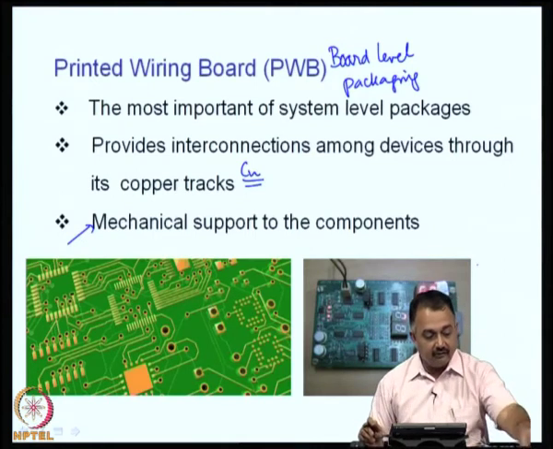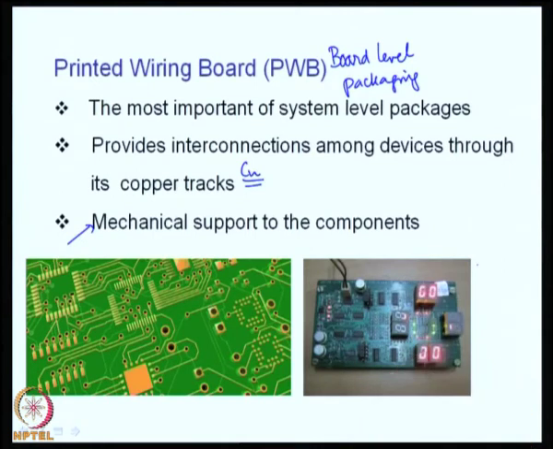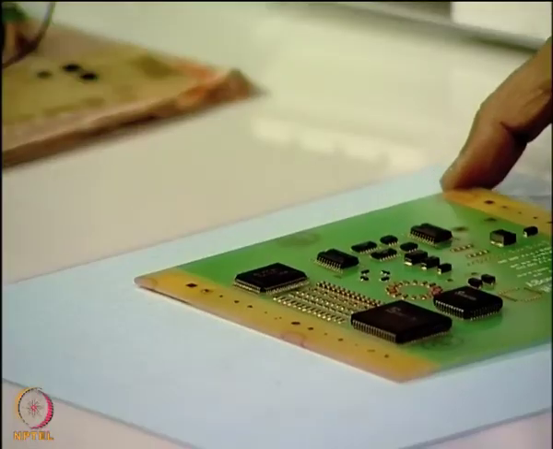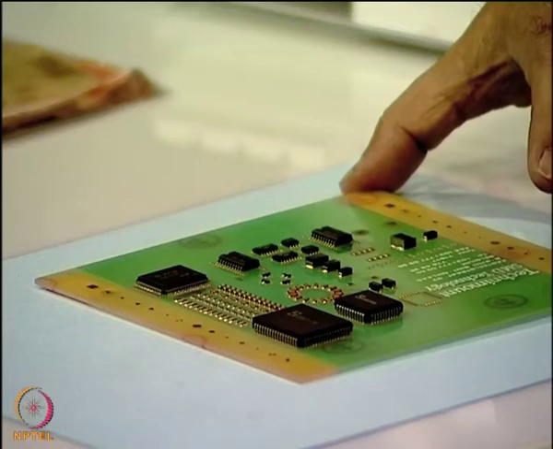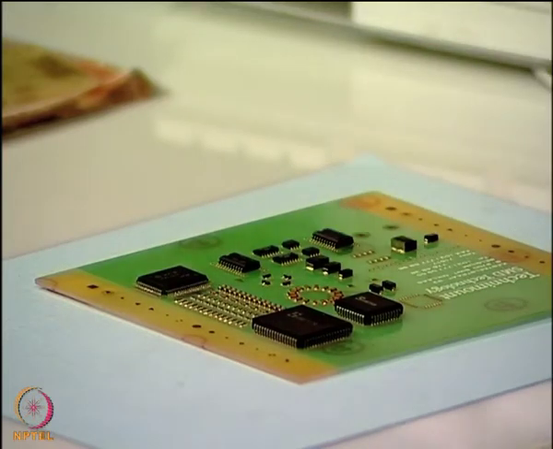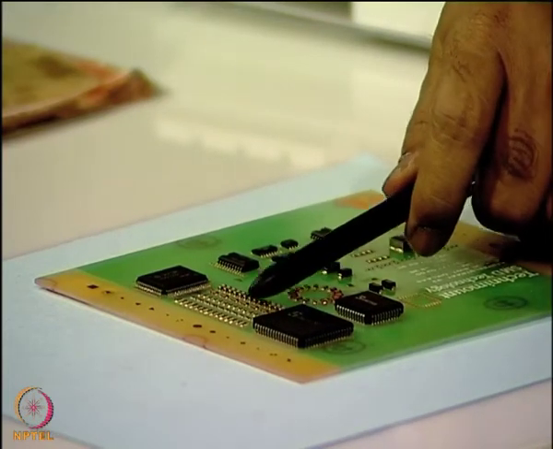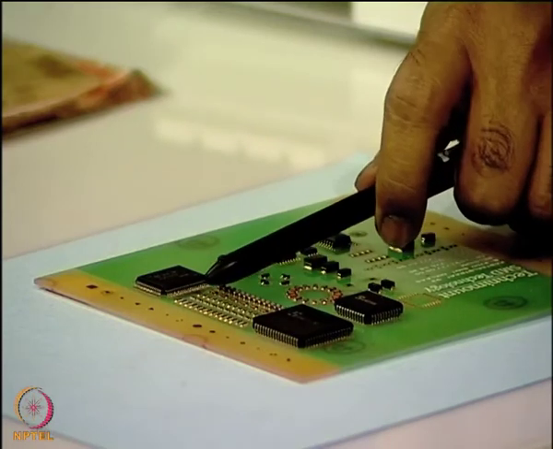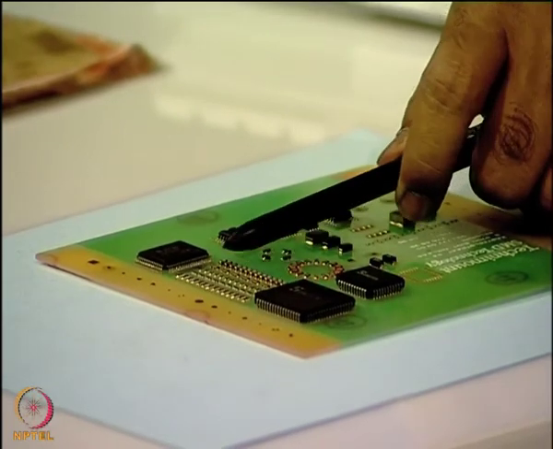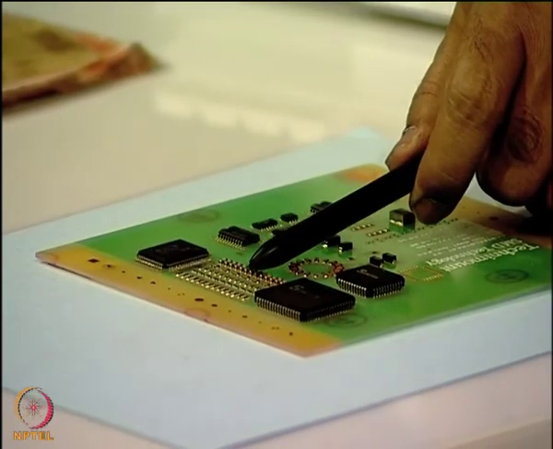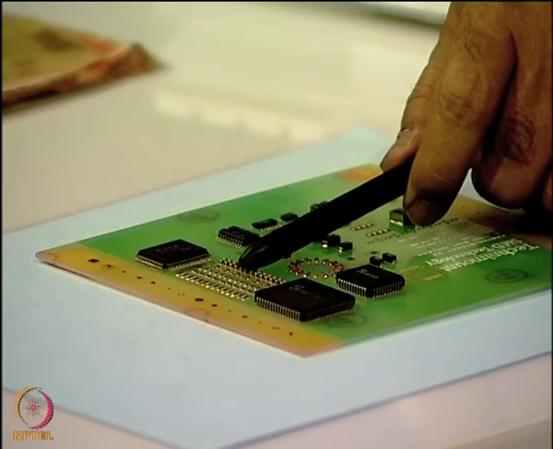So, you can see here in the sample which I am showing right now, this is a printed circuit board. You can see various devices, all of them are surface mount, and you can also see very tiny devices. These are all the resistors and the capacitors, very small in size, and to handle these you require equipment to pick and place and attach them onto the board.